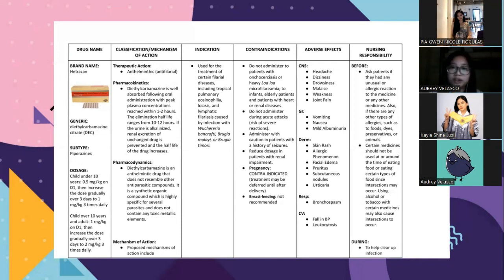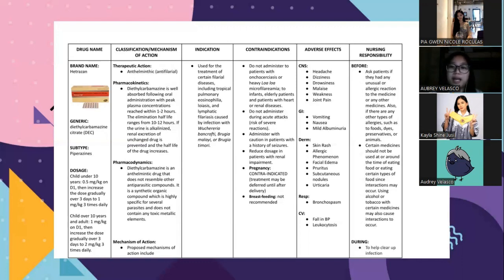For the contraindications of diethylcarbamazine, do not administer to patients with onchocerciasis or heavy Loa loa microfilariae, to infants, elderly patients, and patients with heart or renal or kidney diseases. Do not give the drug to people with acute attacks with risk of reaction.